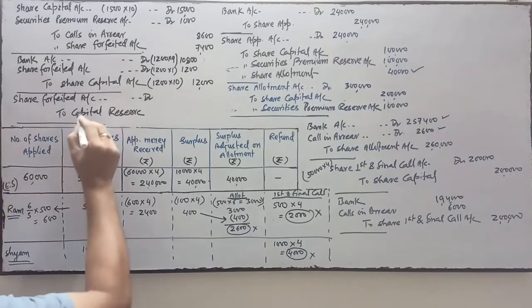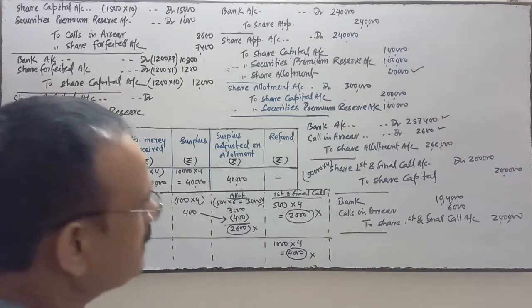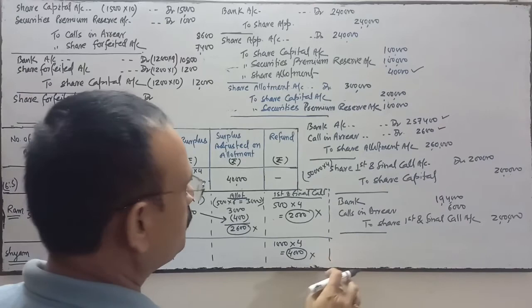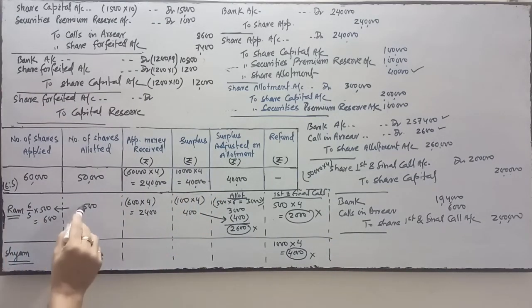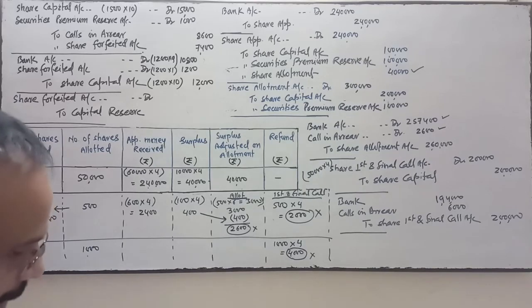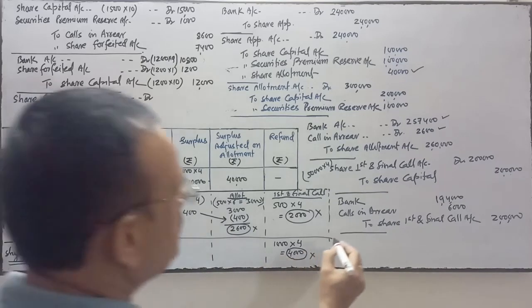Now coming to the share forfeited, how much amount will be transferred to capital reserve? First of all, out of the 1500 shares forfeited by the company, 1200 shares have been reissued, and in these 1200 shares are all the shares of Shyam. So first I am going to do the calculation of Shyam.